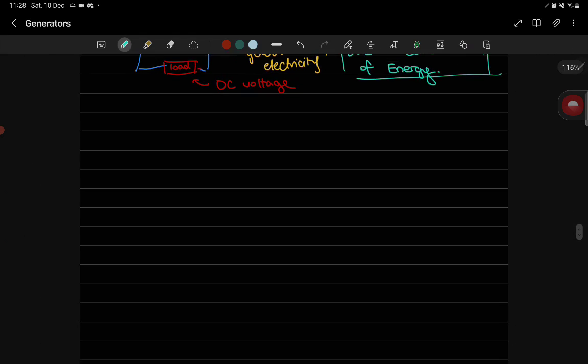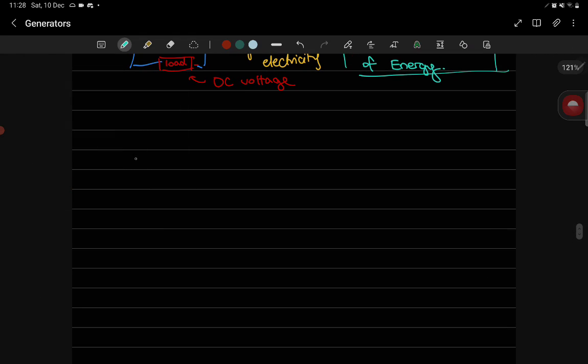What happens if we look at a graph of the net EMF versus the speed of the motor, right?